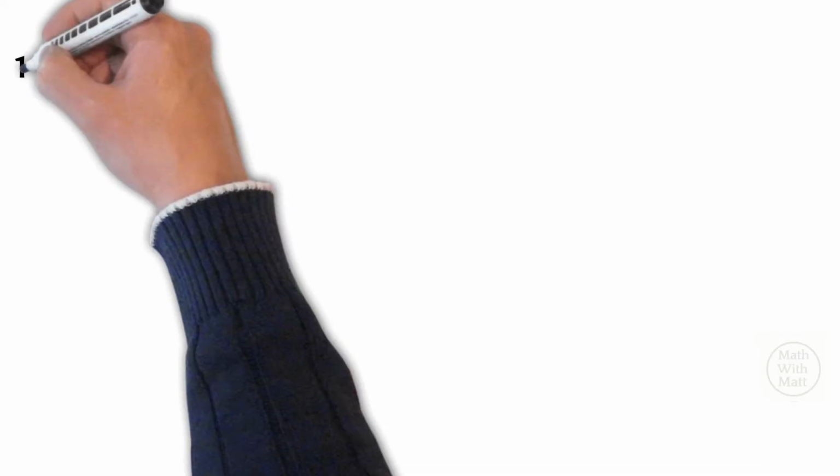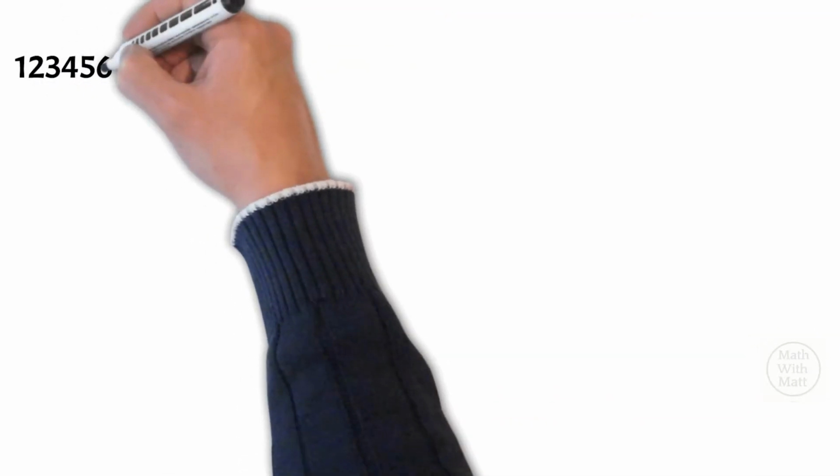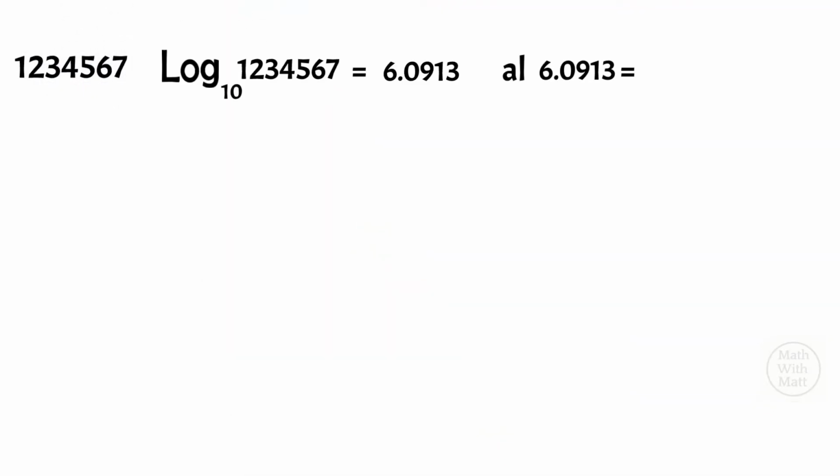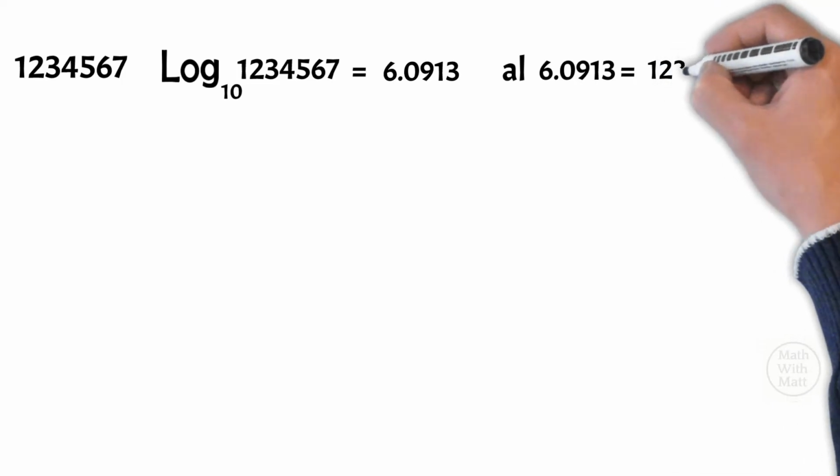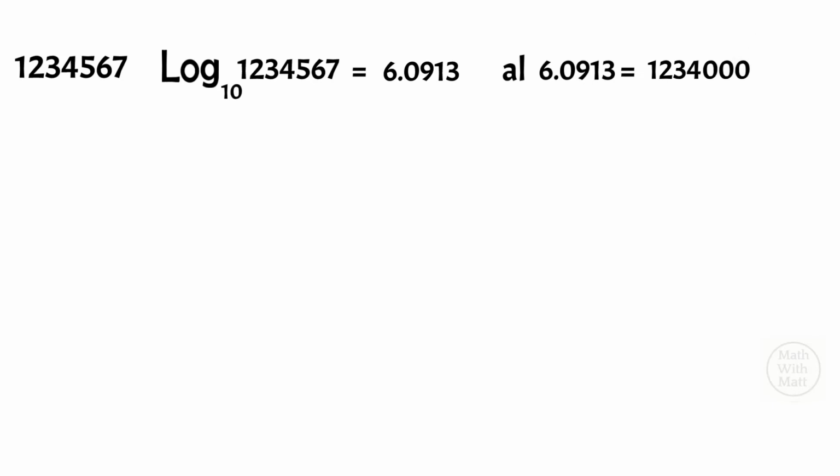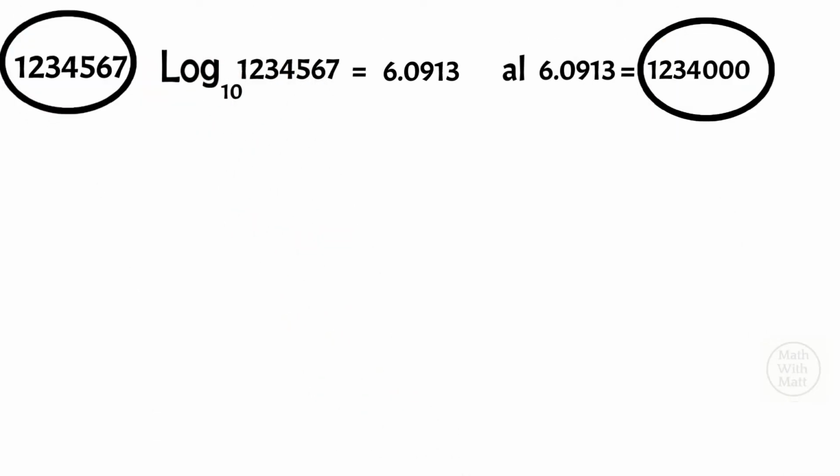If you're paying attention closely, then you may have noticed that 1234567 was the only number that failed to regain its value back. What we did get back was 1234000. Only first 4 digits were intact, rest were turned to zeros.